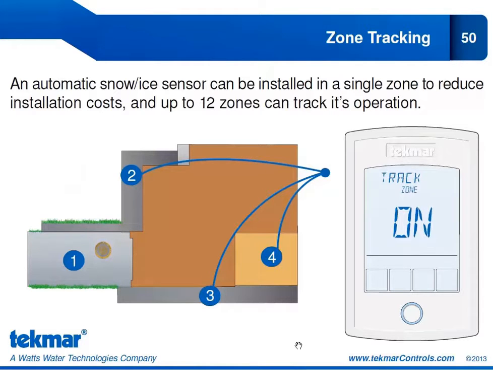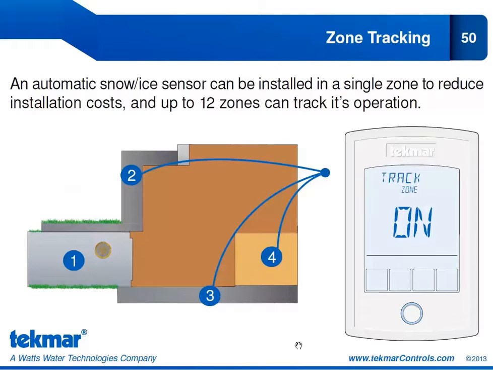Now you can customize the additional melt time for each of those zones. So let's say Zone 1 that has the automatic snow ice sensor operates for 4 hours. And then the add melt time for Zone 1 is 1 hour.